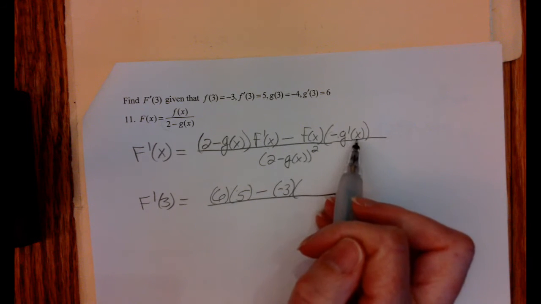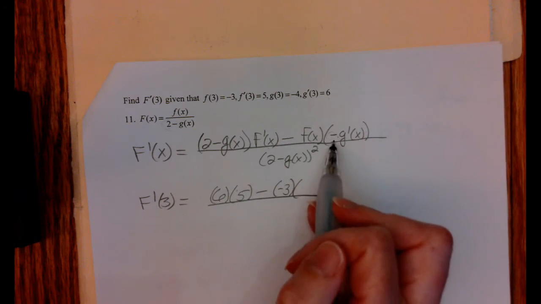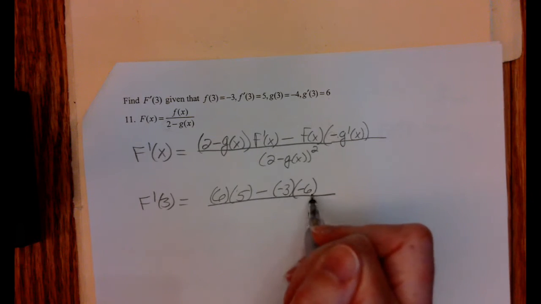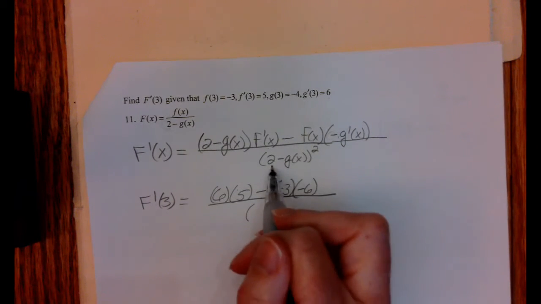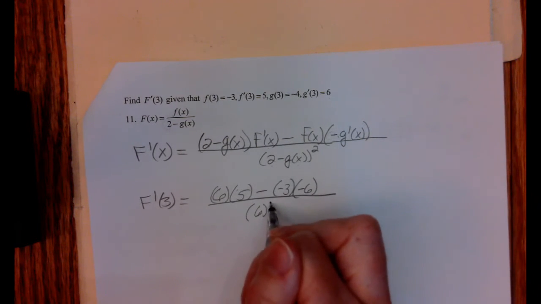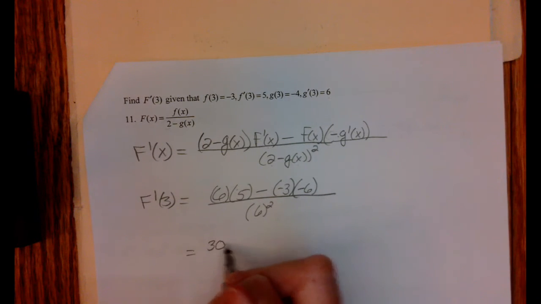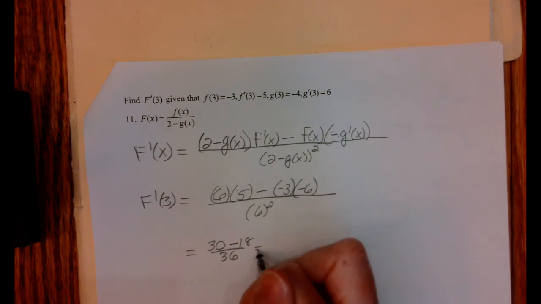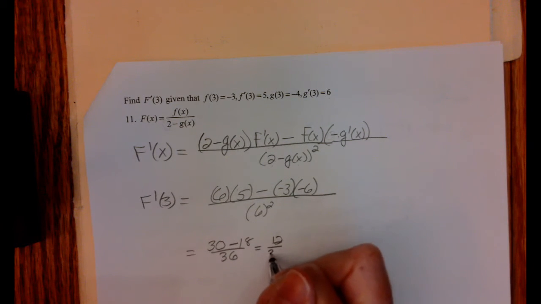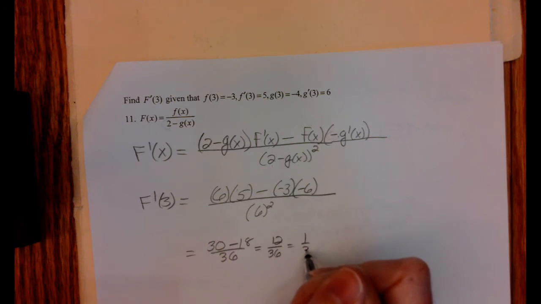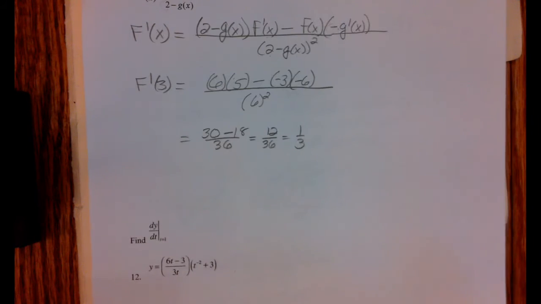And then g prime is 6, but I want to change it so it's its opposite. Over this quantity of 6 that we just discovered, squared. So we end up with 30 minus 18 over 36, which is going to give me 12 over 36, which is going to give me a third for that derivative.